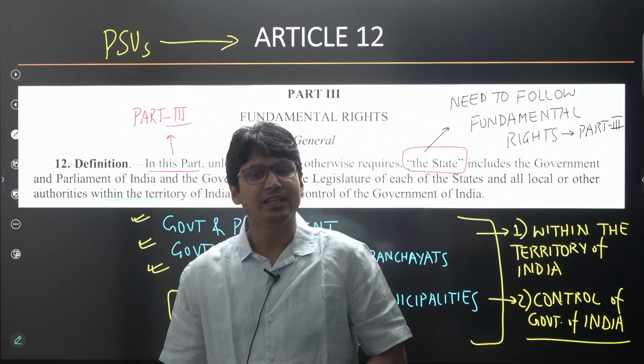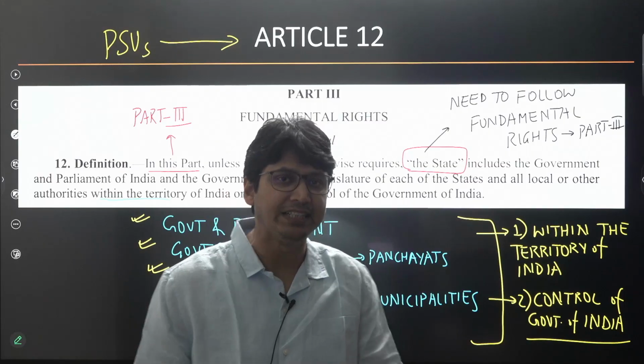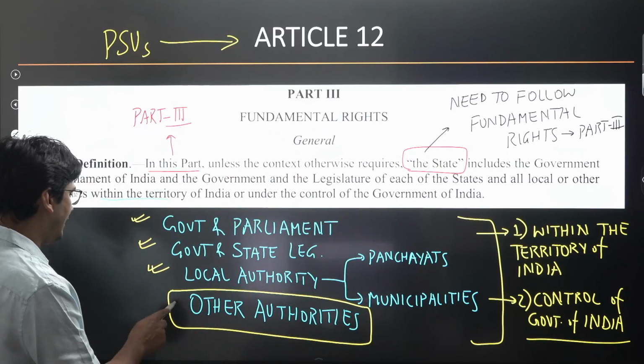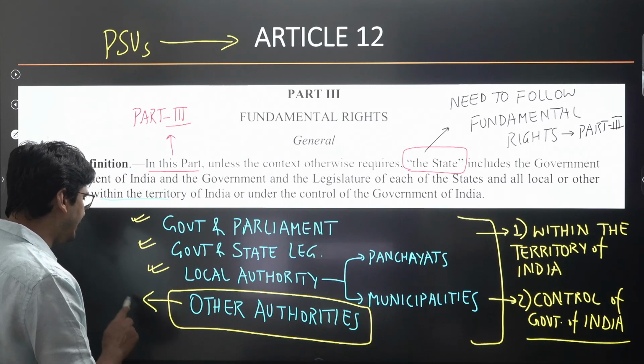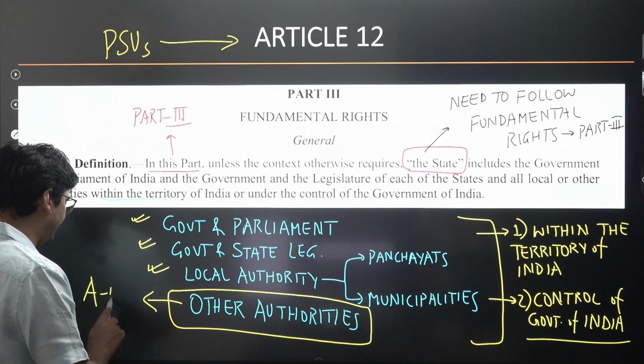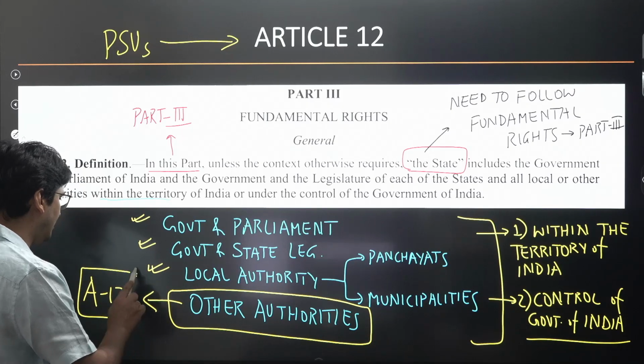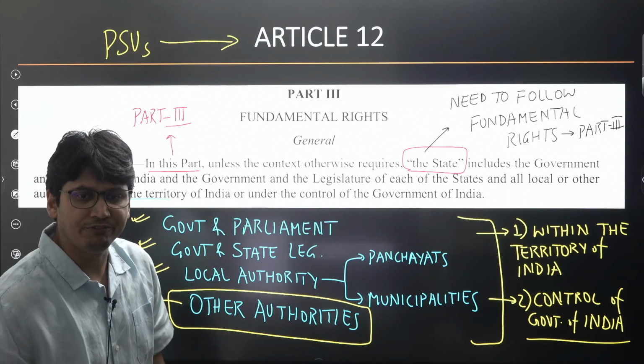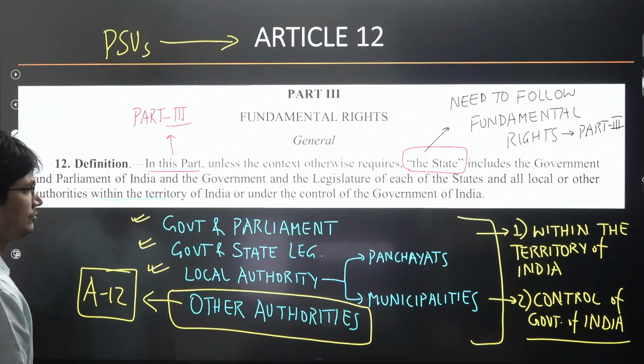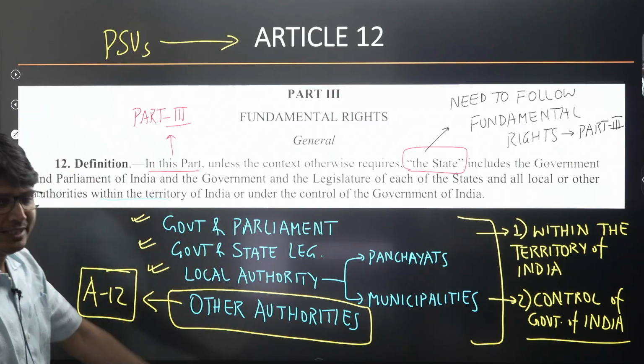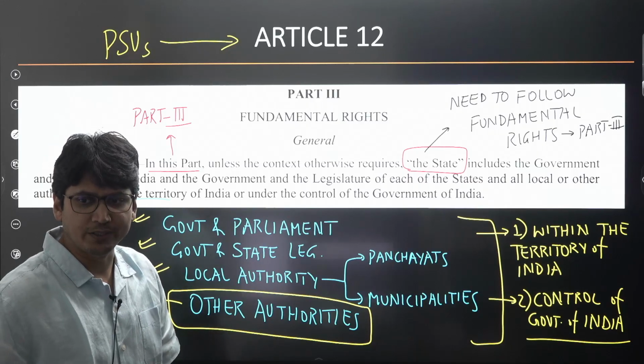So these are the three aspects through which we basically try to find out whether other authorities under Article 12 can we say that these other authorities are part of state? Okay? Are these components clear to you with respect to state?